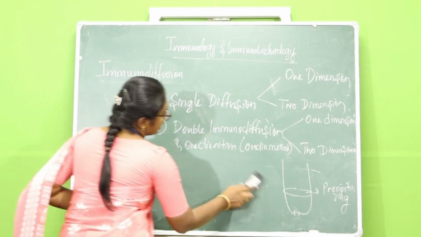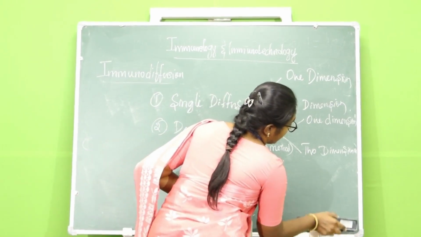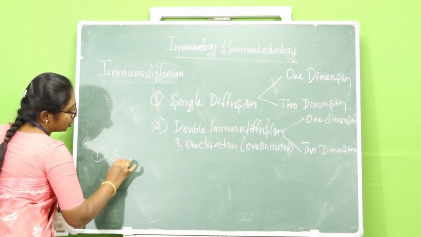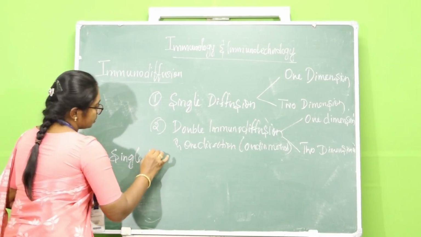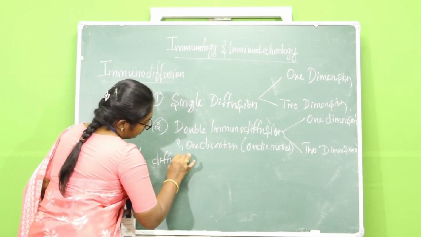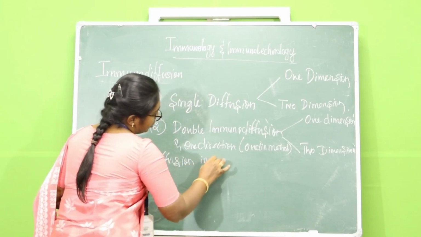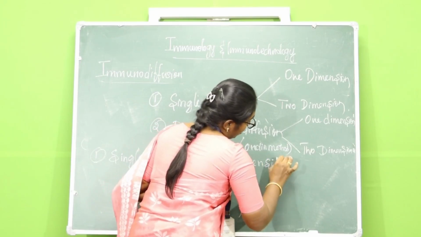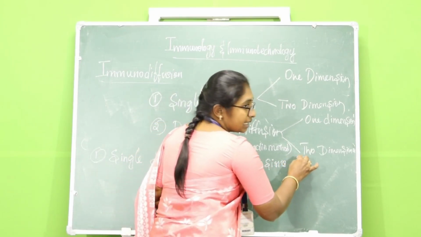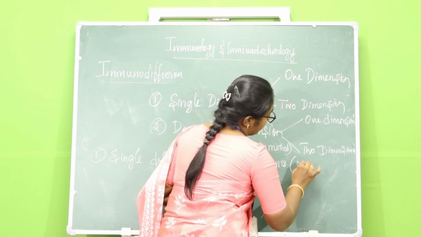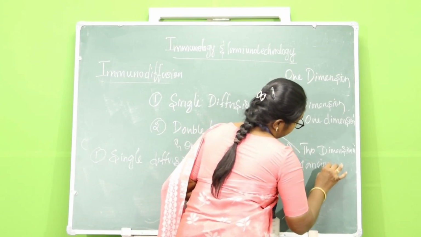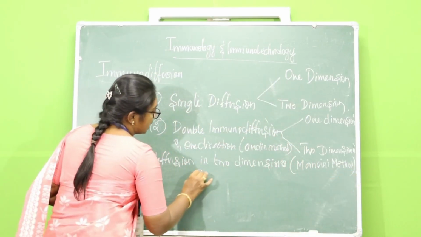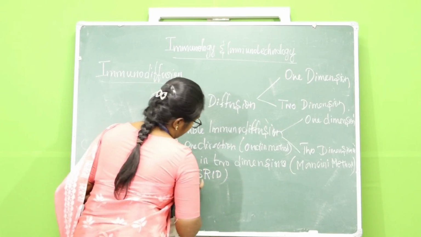So next, single diffusion in two directions, or two dimensions. This method we call single radial immunodiffusion, SRID, also known as the Mancini method.